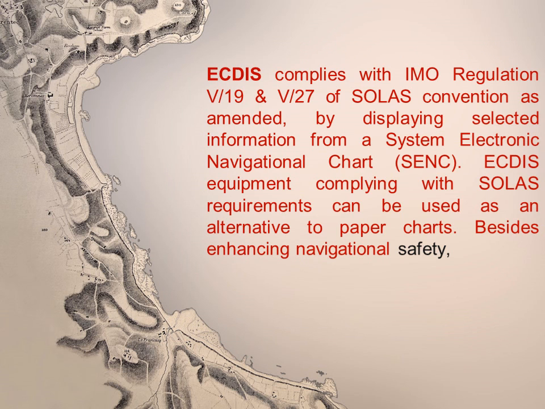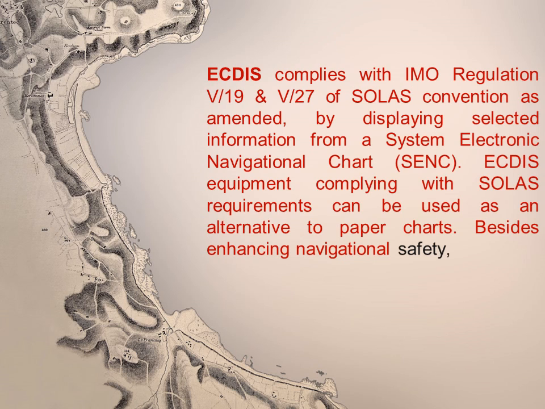So ECDIS complies with the IMO regulations V/19 and V/27 of the SOLAS Convention as amended, by displaying selected information from a system electronic navigational chart. ECDIS equipment complying with SOLAS requirements can be used as an alternative to a paper chart besides enhancing navigational safety. Today, all vessels are required to have an ECDIS.